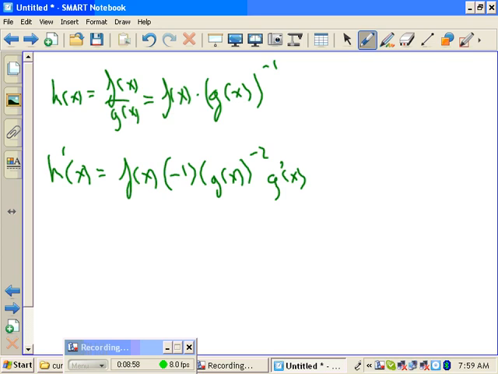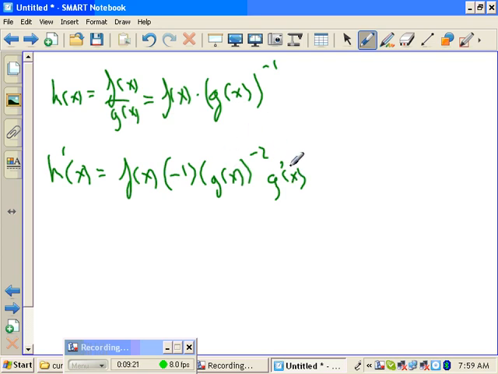Does anyone know that you need the derivative of the inside function when you take the derivative of a function made up of 2 functions? The inner function is whatever g is, and the outer function is like 1 over u. You have to take the derivative of the outer function, negative 1 u to the negative 2, but then times du. We'll find out why that is on Friday.